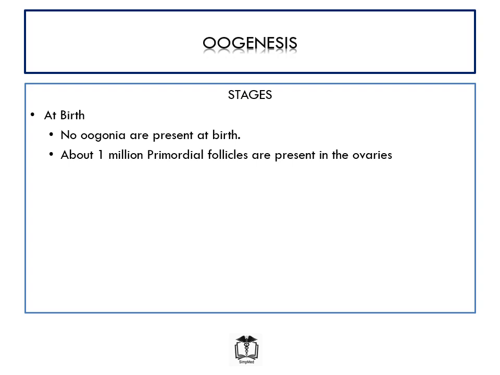And all of these primary oocytes are also surrounded by the simple columnar epithelium, giving rise to the primordial follicle. And at birth, we have a total of 1 million primordial follicles present in the ovary. And no oogonia is present there. And each of those primordial follicles contains a primary oocyte that is stuck at prophase 1.